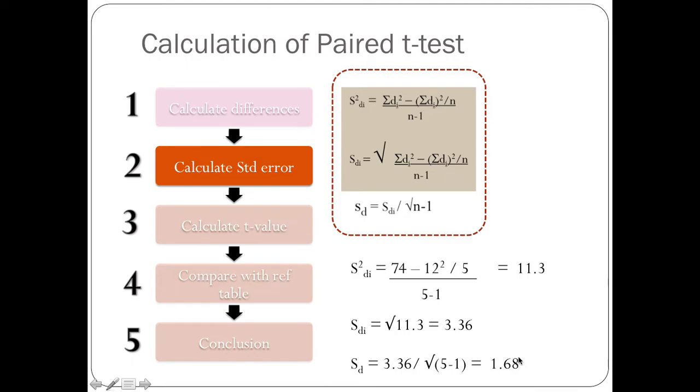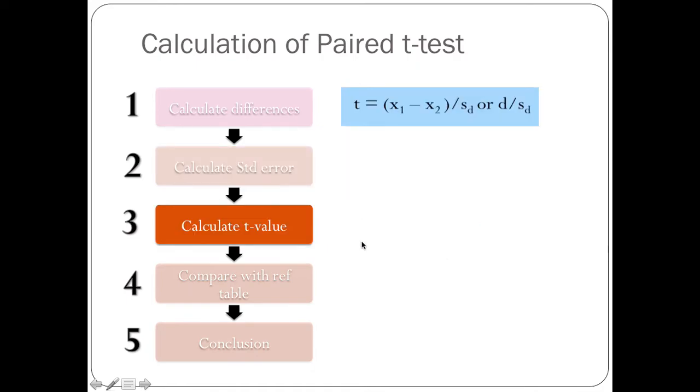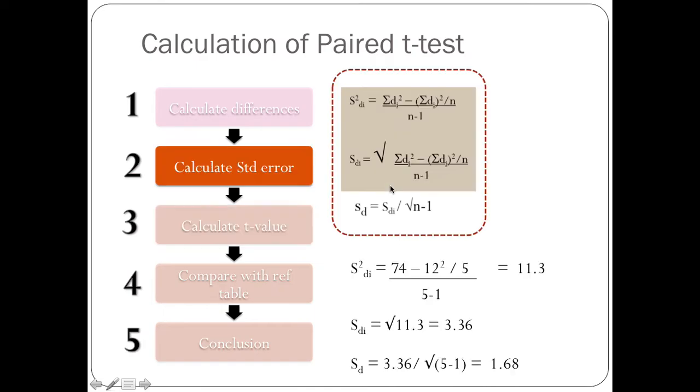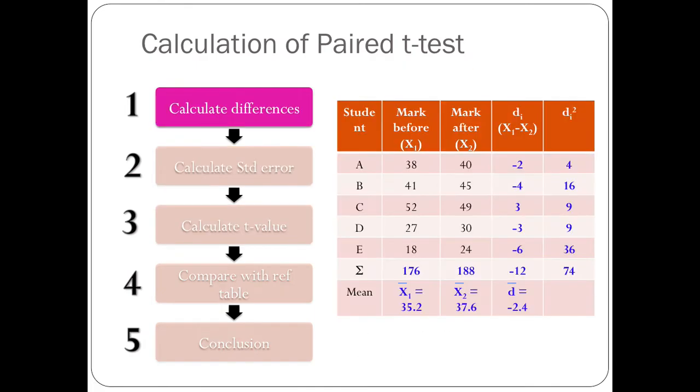Okay, so let's move into step 3. Calculate the t-value. This is the formula that you need to remember also. How to calculate the t-value? x1 minus x2 divided by your standard error. So what is your x1 minus x2? Let's go back to the first page.